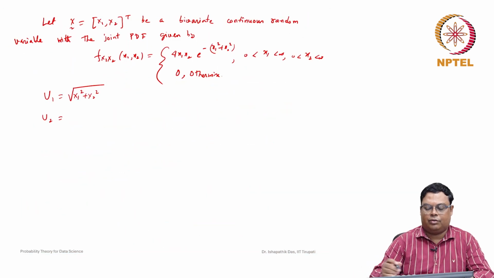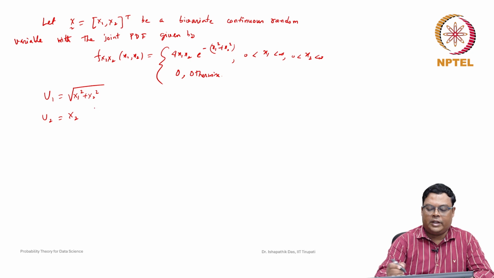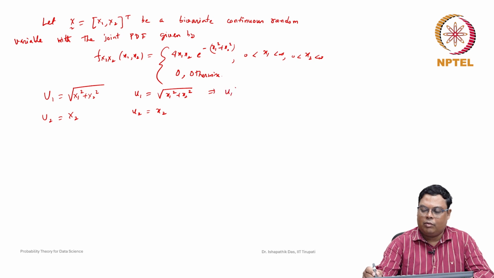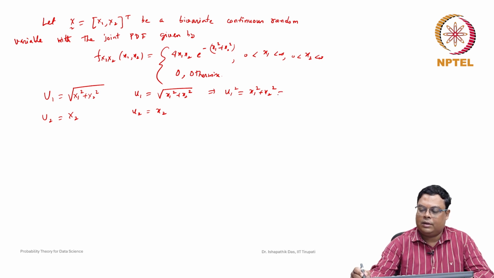So, in terms of the random variables, u1 is root of x1 square plus x2 square, and u2 is equal to x2. From here we can find u1 square is equal to x1 square plus x2 square.